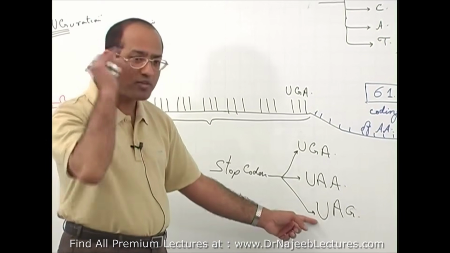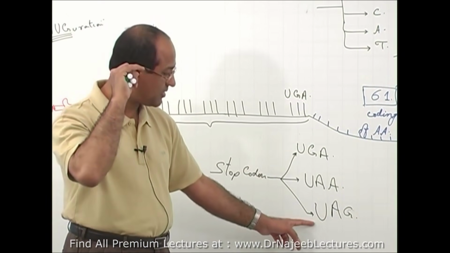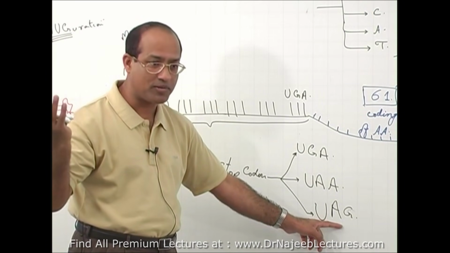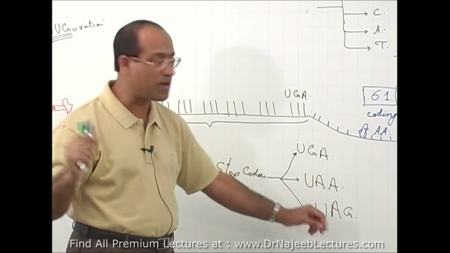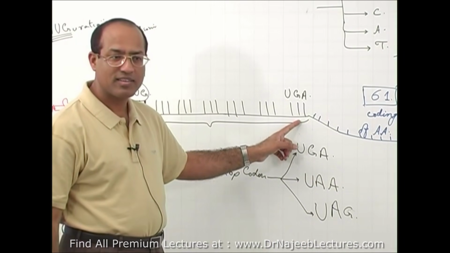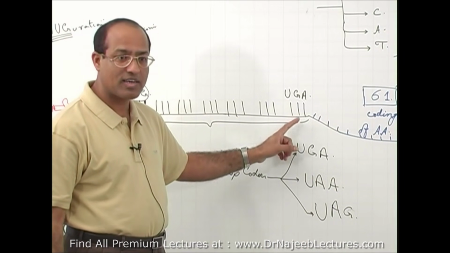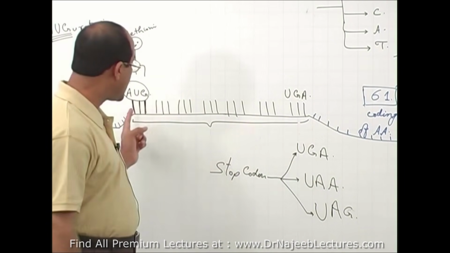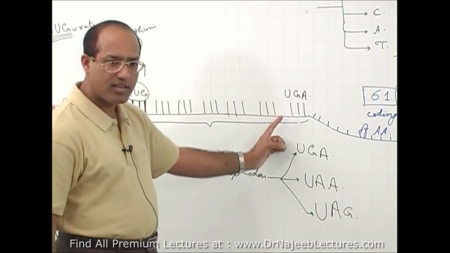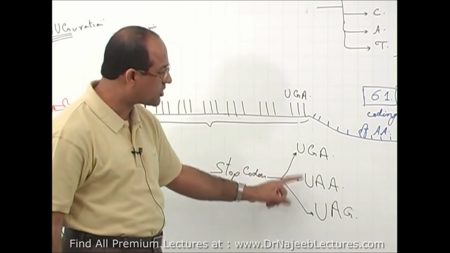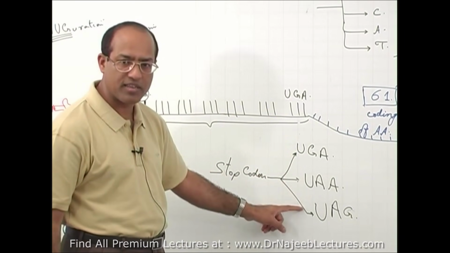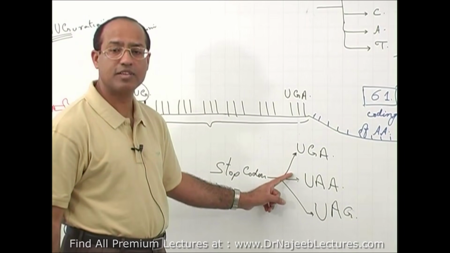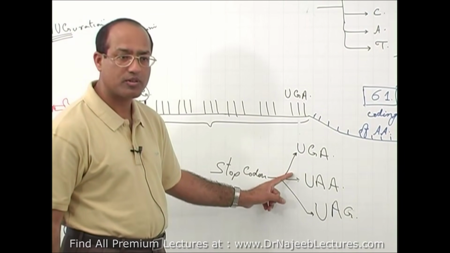And then she calls him up, you, you are gone, maybe to hell, I don't know. But this is what is happening at the end of the translational unit of messenger RNA. So whenever any one of these 3 codons appears in the messenger RNA, that signifies a stop codon, right?